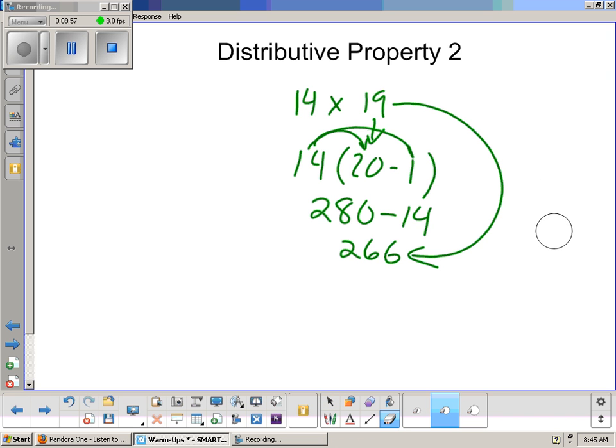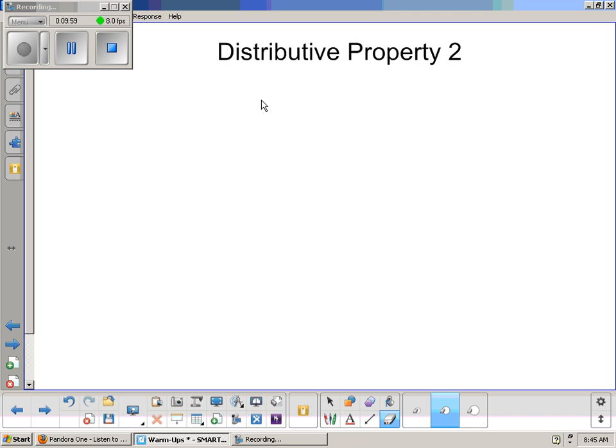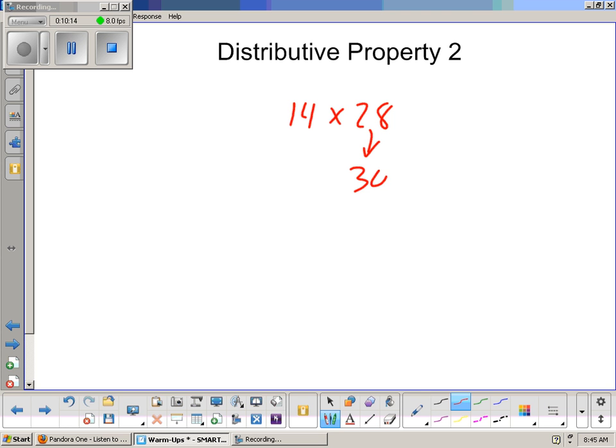Because I have some time, I'm going to give another example of this. If you had 14 times 28, right? 14 times 28 is the same thing as 14 times 30 minus 2. 30 minus 2 is 28, right? So I put my parentheses out here.